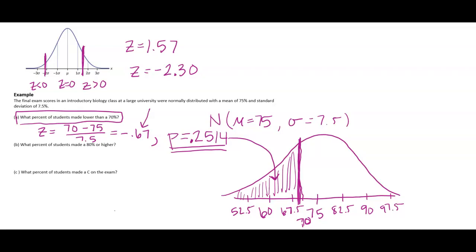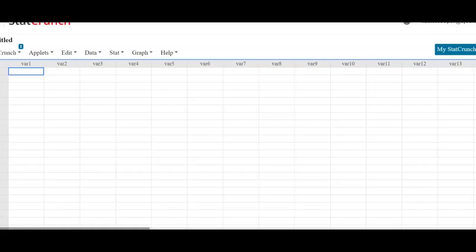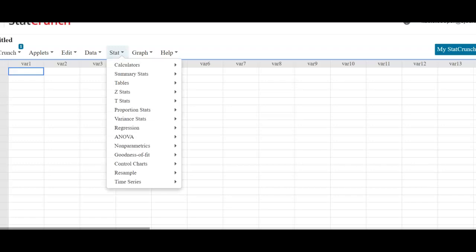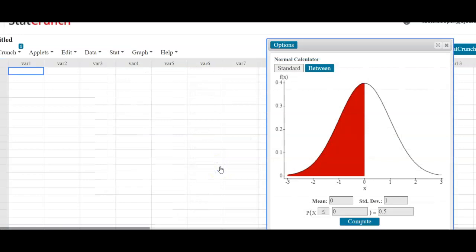Now, the other way you can do this is with technology. So if we go into StatCrunch and go to Stat, Calculators, there is a normal model calculator that you can use.